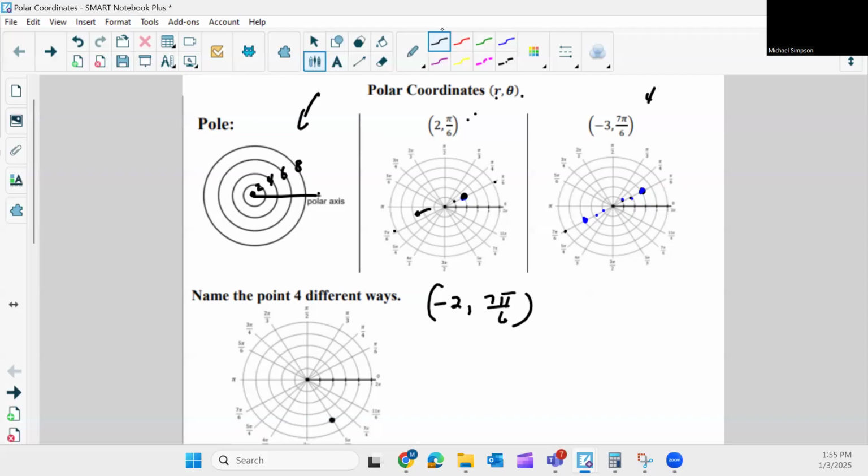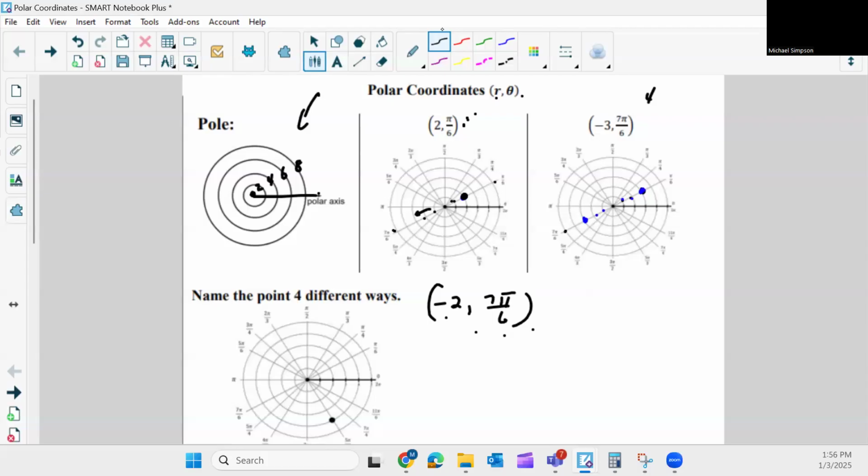Again, to reiterate, I find my angle of 7pi/6, right here. But because r is negative, I'm not going to count in this direction. I'm going to go away, so it's going to be 1, 2. It ends up as the same point as (2, pi/6). So (2, pi/6) and (negative 2, 7pi/6) are the same.